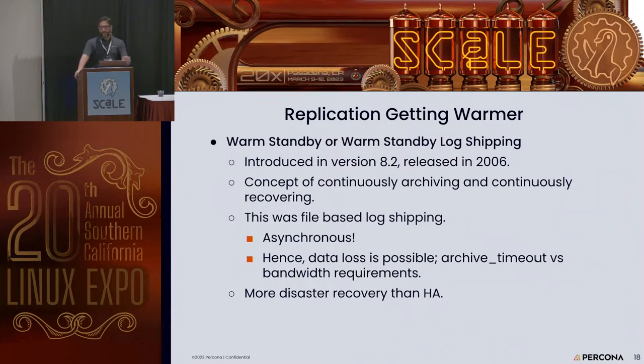So it was utilizing the WAL files rather than the previous setup. So this is a complete rewrite. What it introduced was the concept of continuously archiving and continuously recovering. The primary was continuously archiving and saving that WAL data and shipping it onto the standbys, whereas the standby was in a continuous recovery mode and just replaying or redoing those log files.